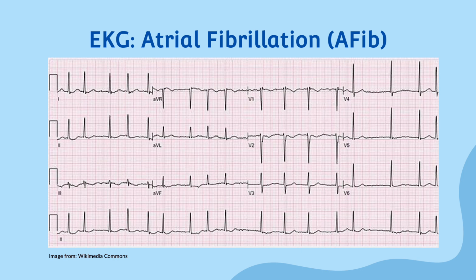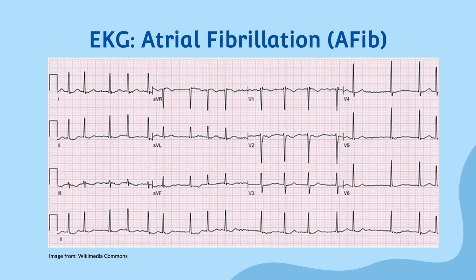One of the most recognizable features of atrial fibrillation is its appearance on an EKG. On EKG, atrial fibrillation will display an irregular rate and rhythm, meaning that the time between the beats is constantly changing. Additionally, there will be no clear, discernible P waves present.